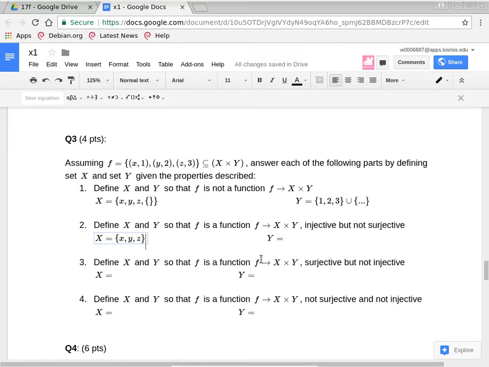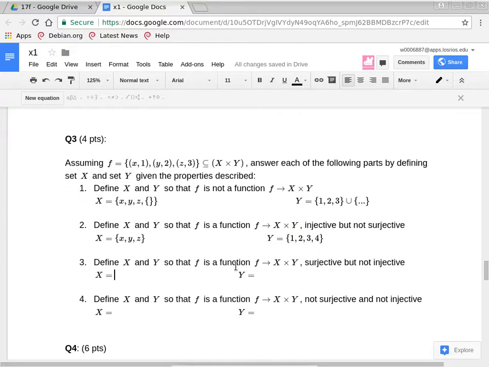Cannot have fewer elements, cannot have more elements. We want this to be injective, but not surjective. So that means this can be 1, 2, 3, and then some additional one. So we can have 1, 2, 3, and then either A, empty set, or tag, miata, and so on. It doesn't matter. 4, okay. I'm thinking most people would put a 4 here.